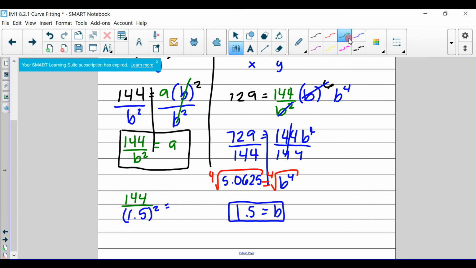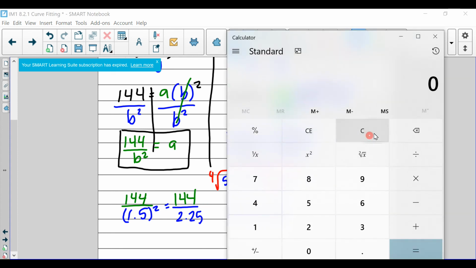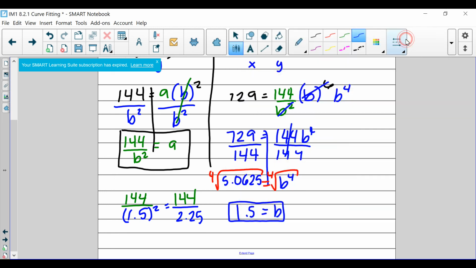So we get 144 over 1.5 squared. Going to take that calculator. We are almost done, you guys. Great job so far. Great job keeping up with me. 64. Phew. So A is equal to 64.